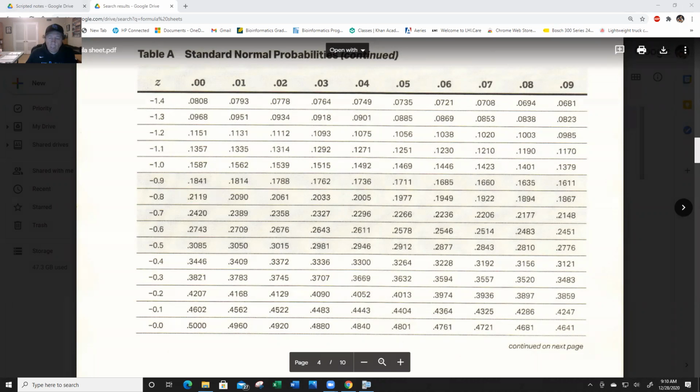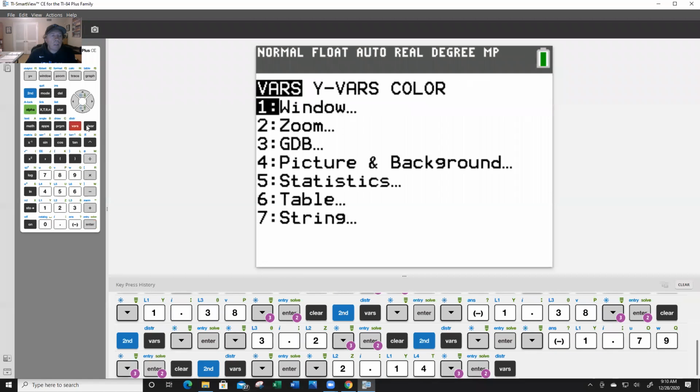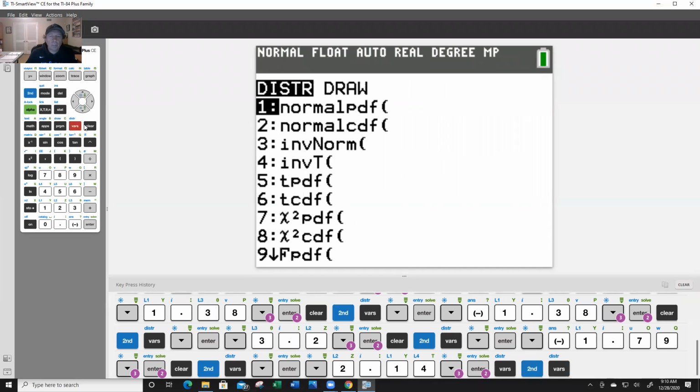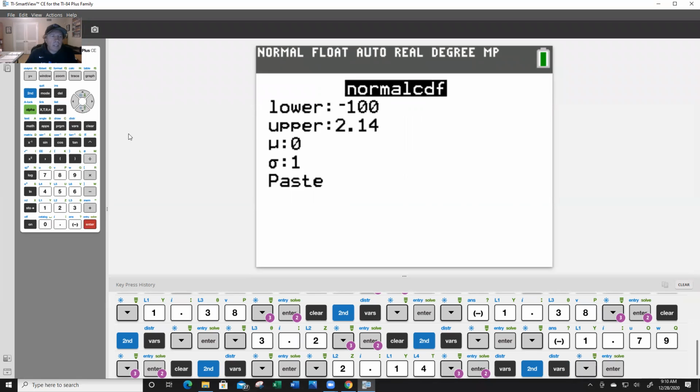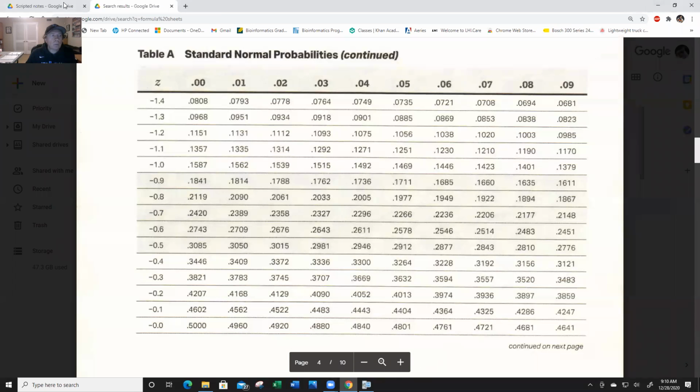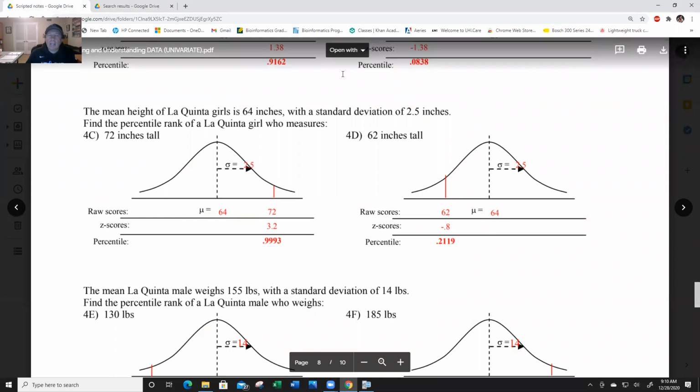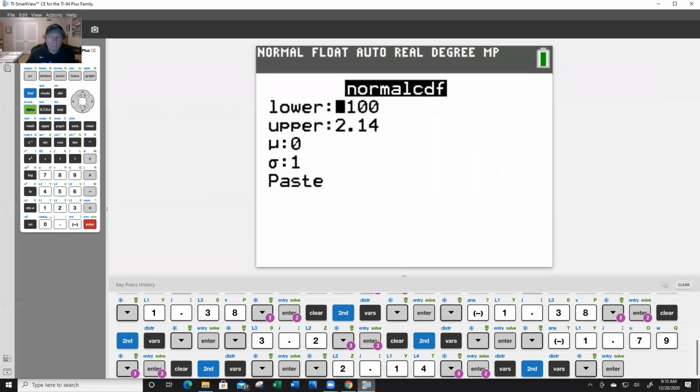Then on the calculator, I'm going to go, let's see here. Second distribution, NCDF, -infinity. What was that number again? It was 0.8. Jeez, a lot of numbers dancing in my head. -0.8.